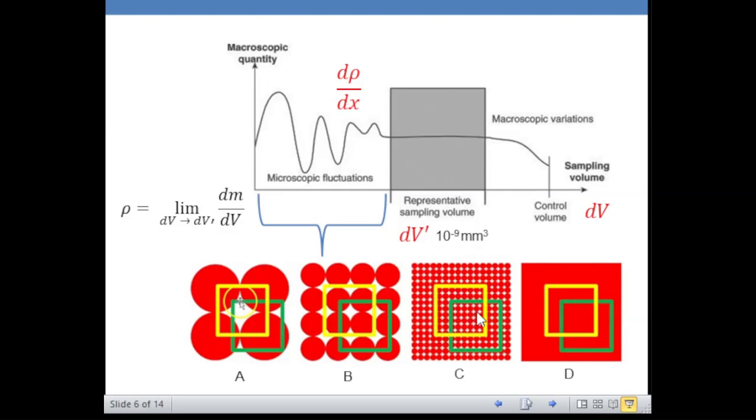Although the number of molecules in this amount of volume is changing, the reading of density here is not erratic as what we've seen at the microscopic level.